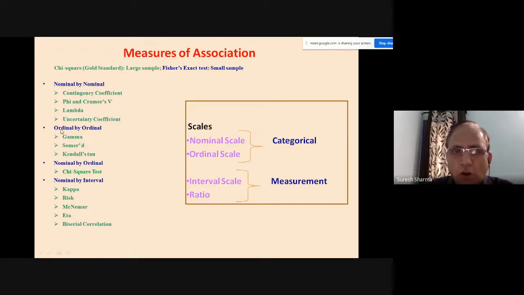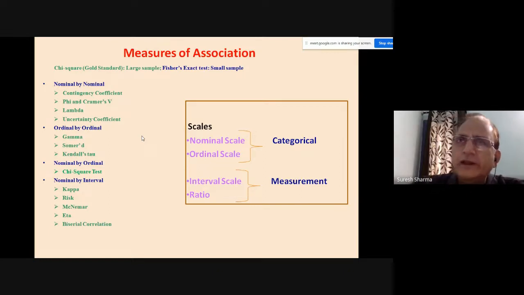Another situation is ordinal by ordinal. Let's say one variable is ordinal, and another variable is also ordinal. For example, level of satisfaction, from very unsatisfied to very satisfied. It's ordinal, since you can arrange the categories in order, let's say on a 1 to 5 scale.